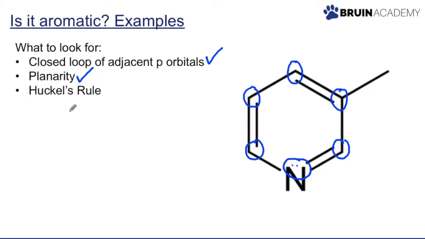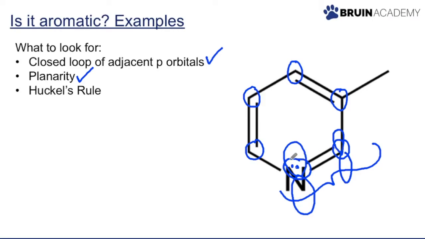Let's be careful here when we're counting our pi electrons. So we have again 2 here, 4, and then let's look over here. We know that there's a lone pair of electrons on this nitrogen right here. And these lone pair electrons are hanging out in this p orbital.